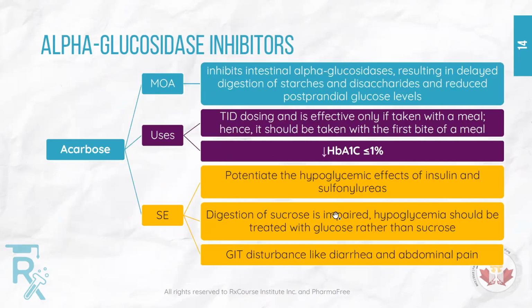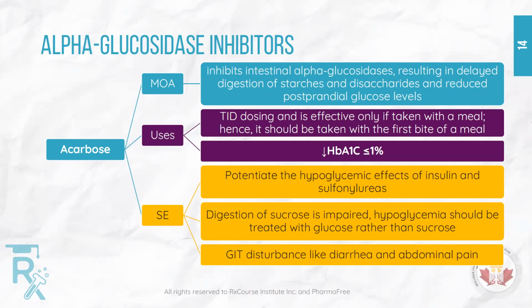The second one is acarbose, which acts by inhibiting the alpha-glucosidase enzyme. Alpha-glucosidase is an enzyme that works in our small intestine, and it breaks down complex carbohydrates, di- or polysaccharides, into monosugars.